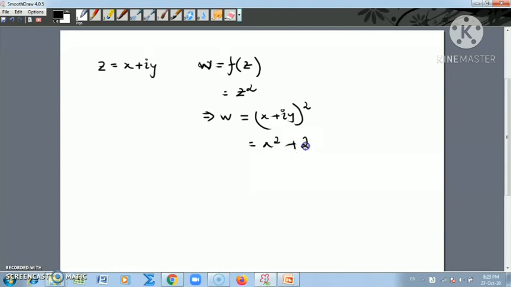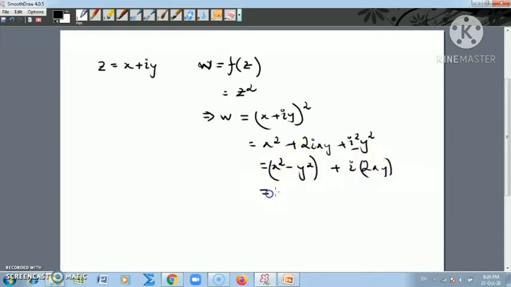plus 2ixy plus i squared y squared, which is equal to x squared minus y squared, because i squared is minus 1, plus i 2xy. So look at this and this.